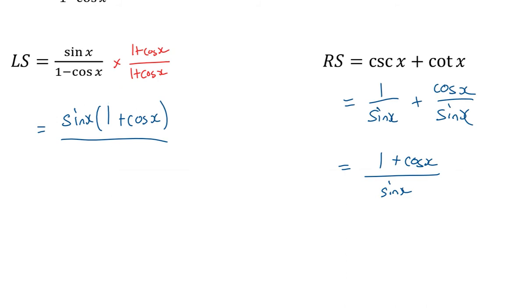Okay. On the bottom, I'm going to expand, and what we notice is this is a product of a sum and a difference. So it's the result of factoring a difference of squares, right? 1 plus cos x times 1 minus cos x, which is 1 minus cos squared x.